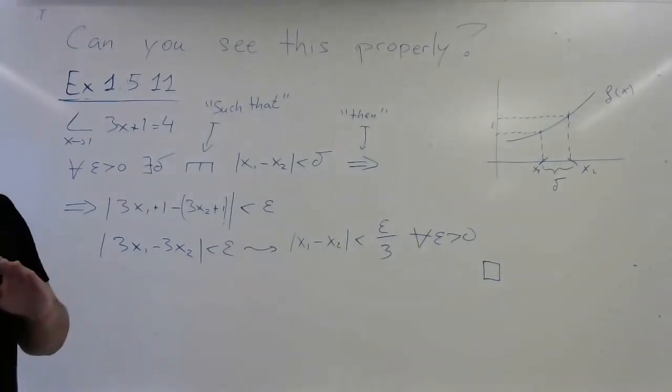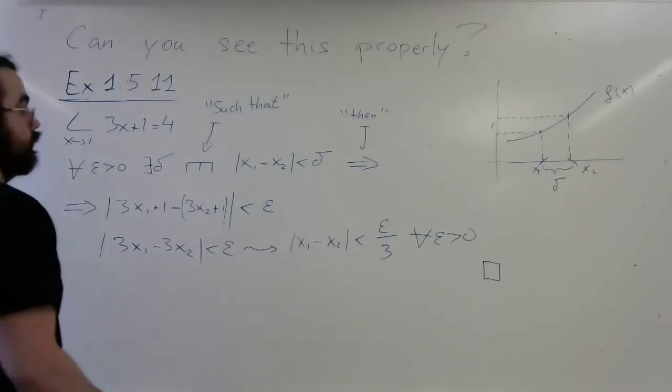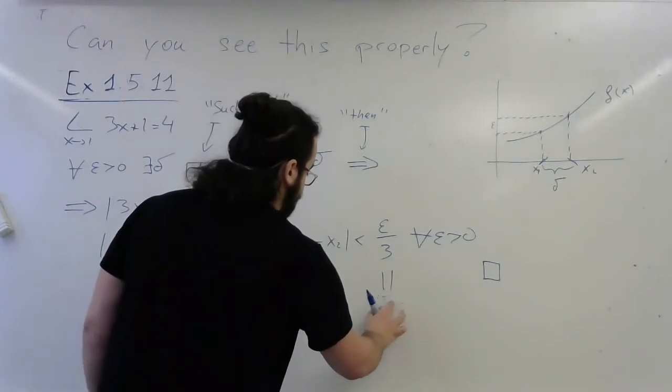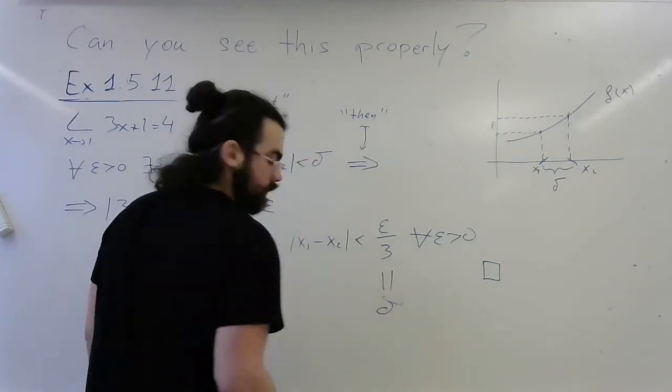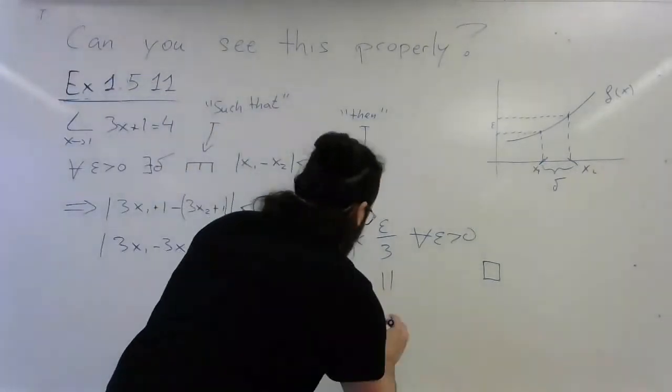Which means that the curve is very steep. Actually, it has slope equal 3. And this is delta. It doesn't look like a delta at all.